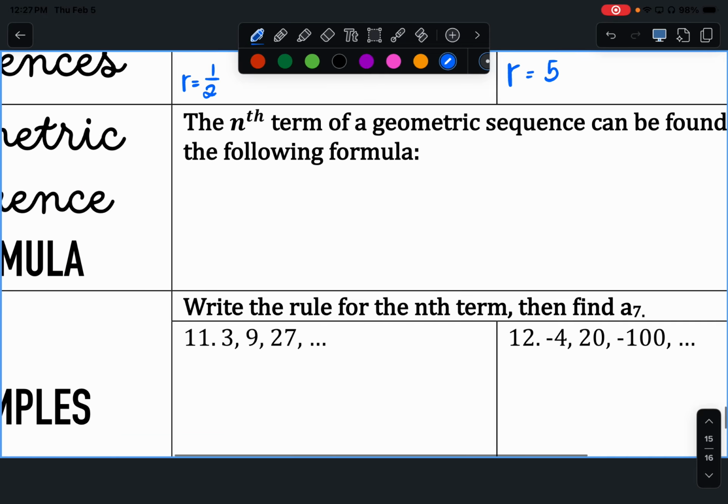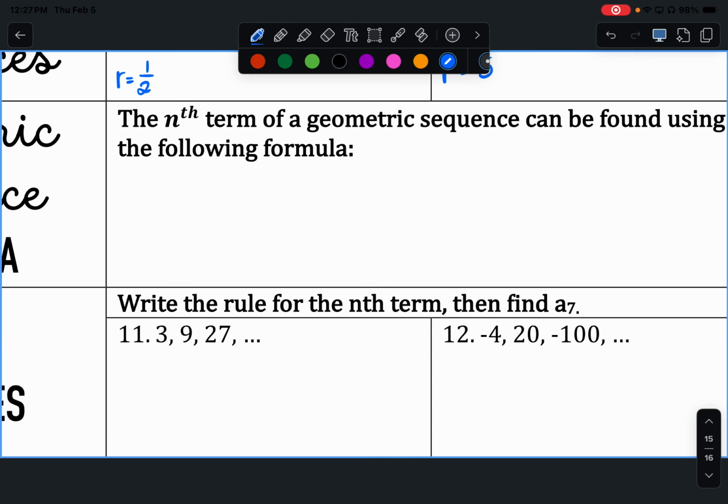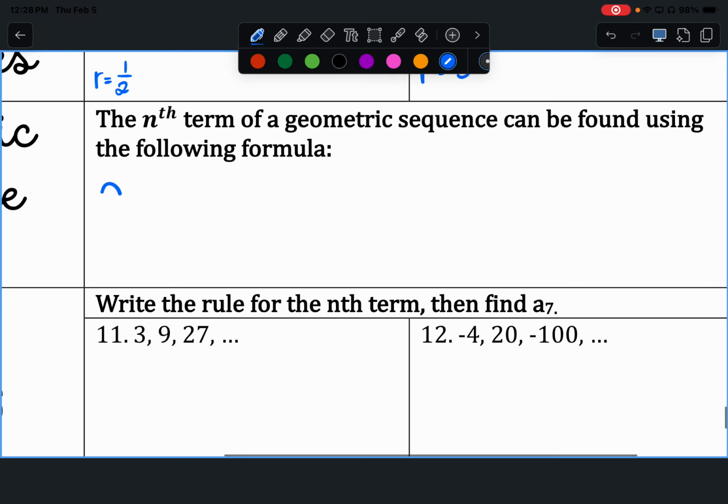Whenever we're trying to find the nth term of a geometric sequence, we're going to start by saying a sub n, which just means any term. Then we say our starting point, a sub 1, times our common ratio to the power of n minus 1. In order to write this formula, you need to know what the first term is.